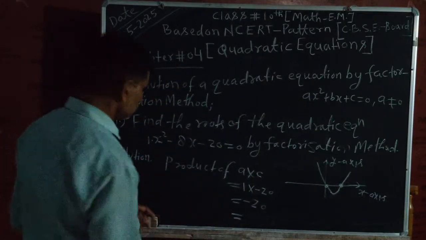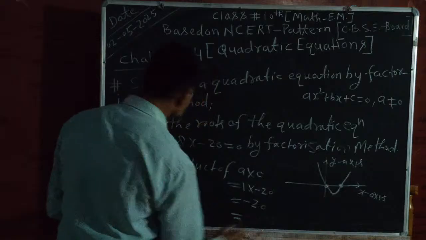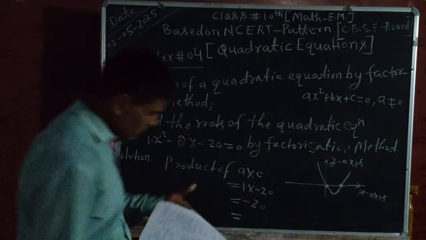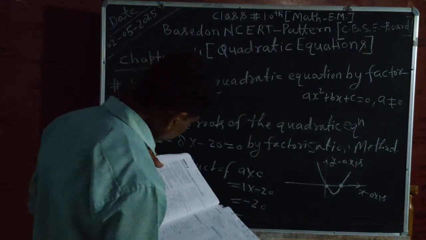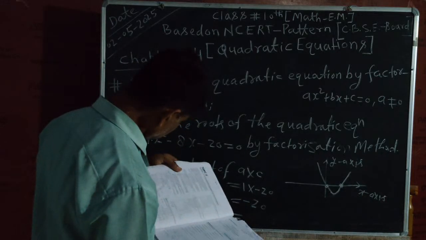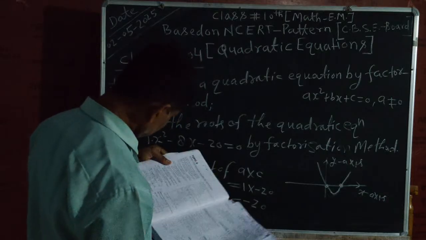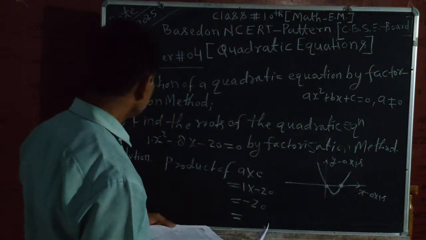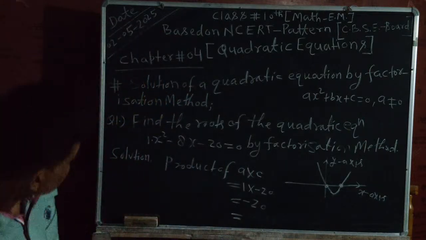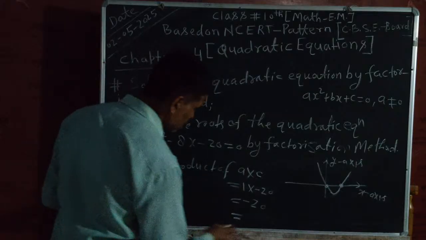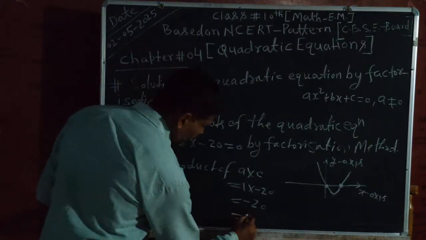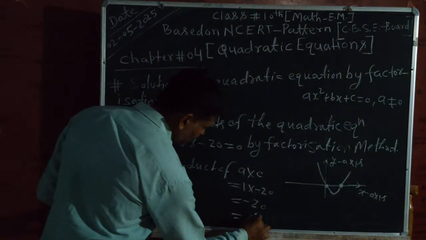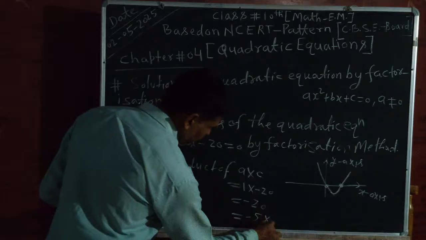The multiplication in the question is 20, so I will say one is 5 and the other will be 4.